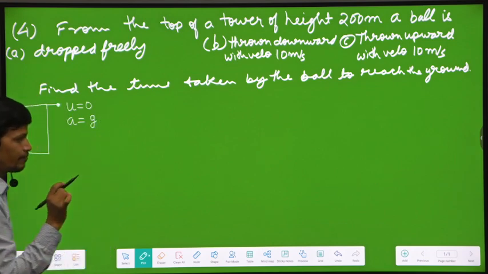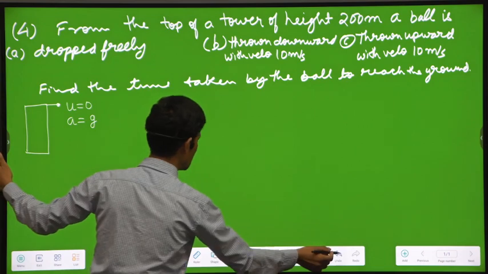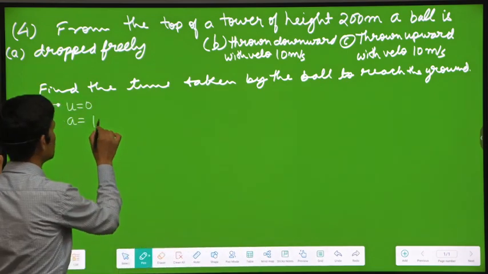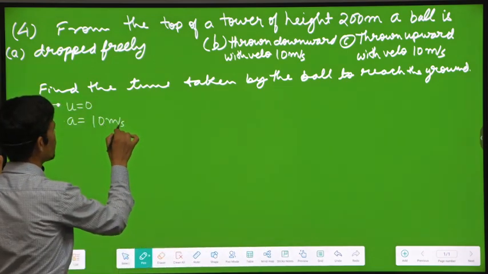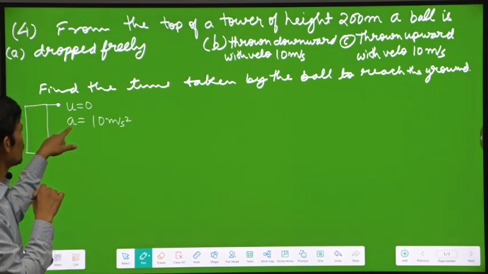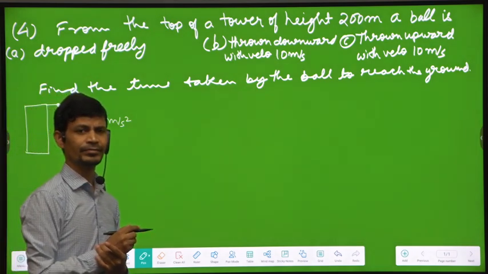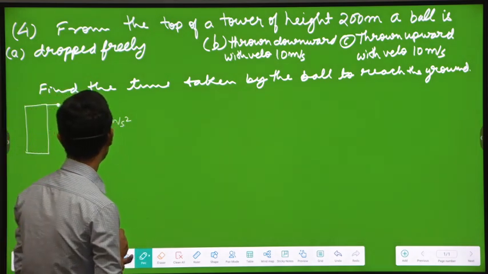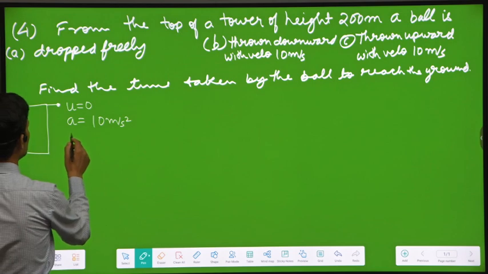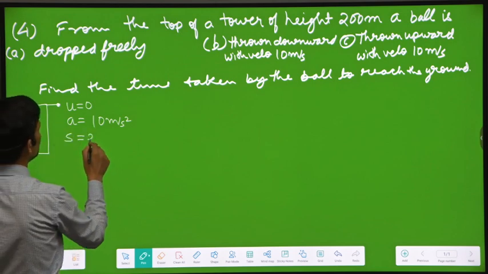Well, it's not that simple. And value of g is 10, so I'm directly writing here 10 meter per second square. Can we write value of acceleration minus 10? Think about it. Okay. And the distance traveled by the body will be 200 meter.